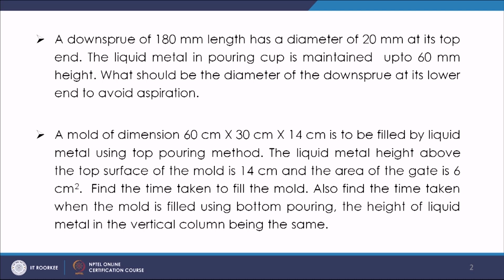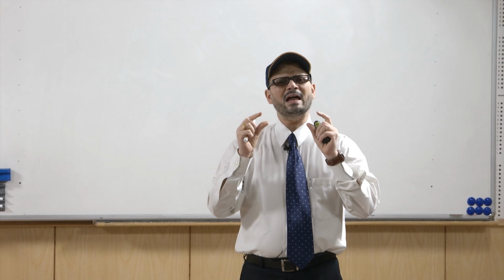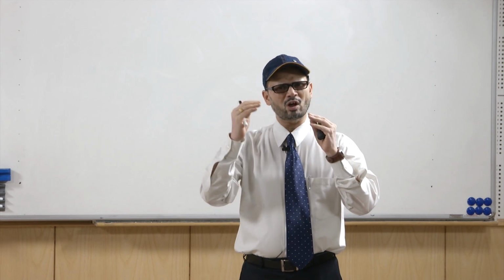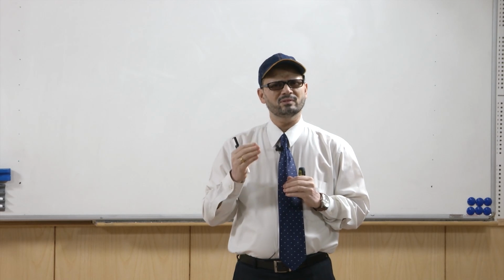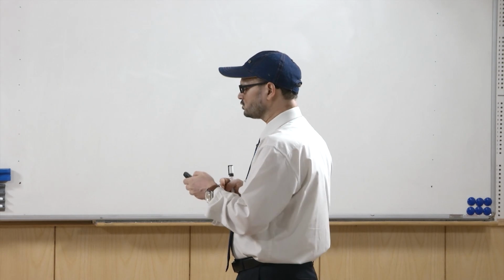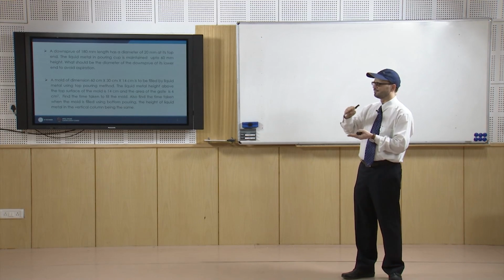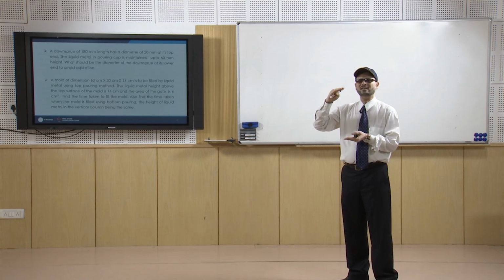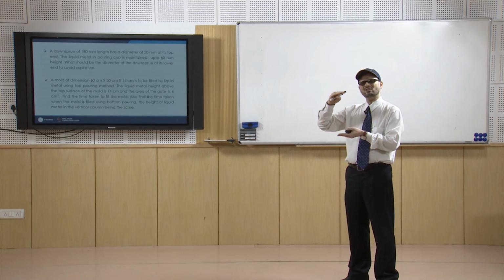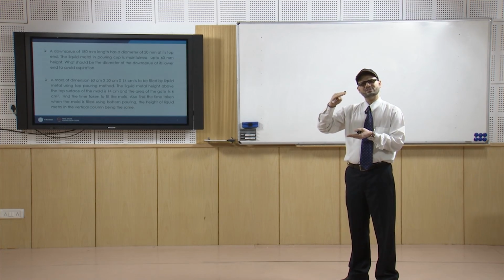So, we have to find the pouring time when we do the top pouring of the casting. Also, find the time taken when the mold is filled using bottom pouring, the height of liquid metal in the vertical column being the same. The height of the liquid column was earlier 14 centimeter, and the height of the cavity or mold is also 14 centimeter.